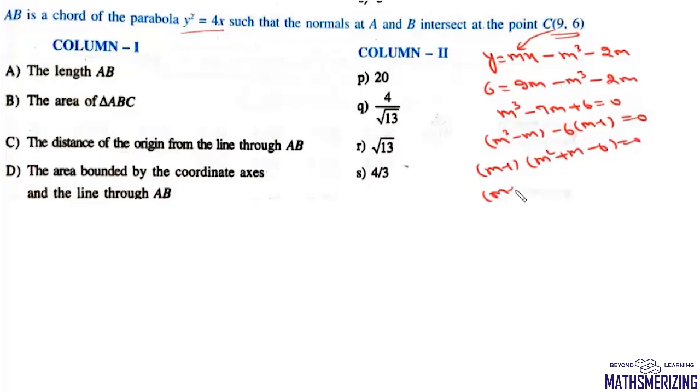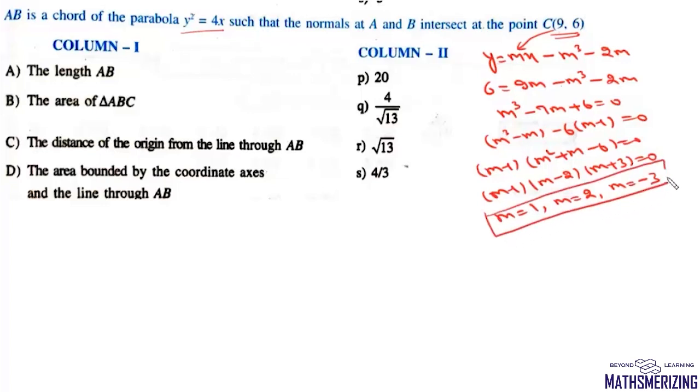So it'll be m minus 1, m minus 2, m plus 3 equals 0. So we'll get 3 values of m. Either the value of m is 1, or m is 2, or the value of m is minus 3. So these 3 points represent co-normal points and their slopes are 1, 2 and minus 3.